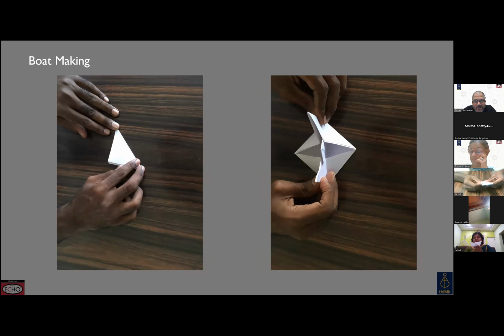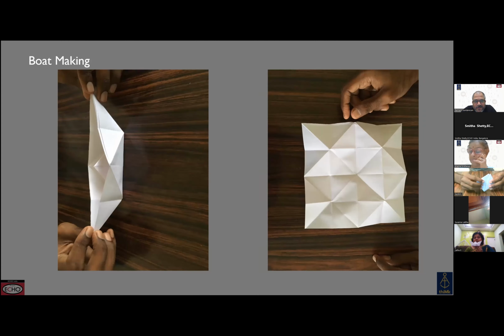Yeah, and we open that to make this. Once we have the boat, now you start unfolding everything. So we go back to the initial shapes.